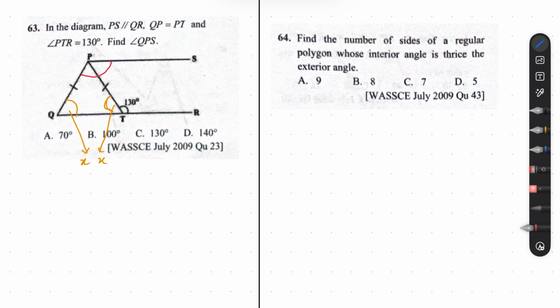But we can find this angle right here by dealing with this triangle. x, and then this angle should give us 180. Now, from here we can easily find x, because we're given this 130 right here. If you add 130 and x, we should get 180.